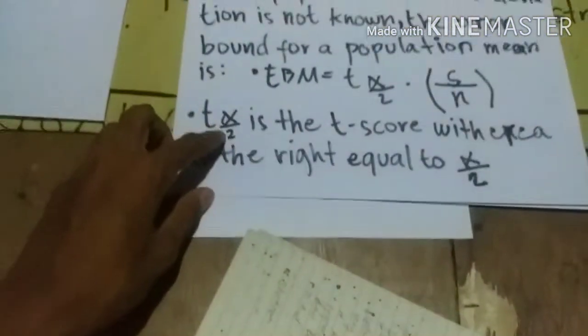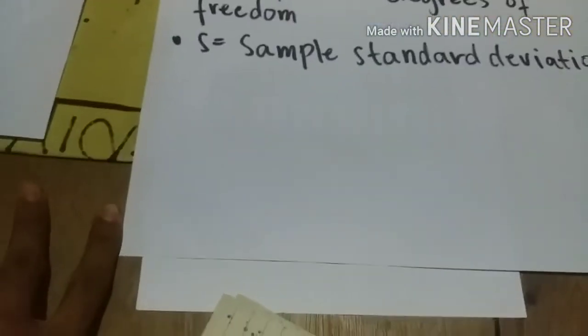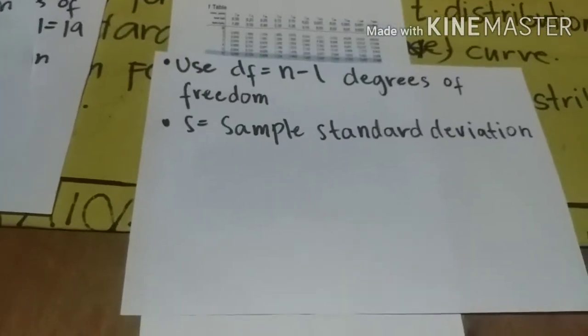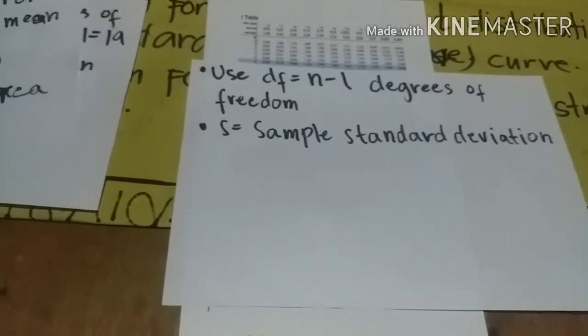So, use the degrees of freedom n-1. Samples and S, sample standard deviation. Yan na po siya, para mahanap mo yung error bound for a population mean.